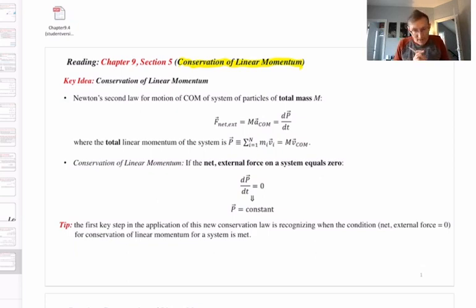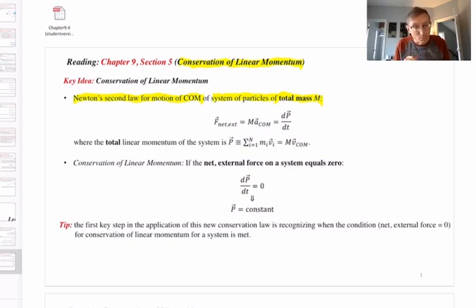Okay, I'm going to start with Newton's second law. I'm going to express it for a system of particles, specifically for the motion of the center of mass. So, Newton's second law for the motion of the center of mass, when I have a system of n particles, and the total mass of them all together is denoted capital M. We learned earlier in this chapter how to find the motion of the center of mass of a system.